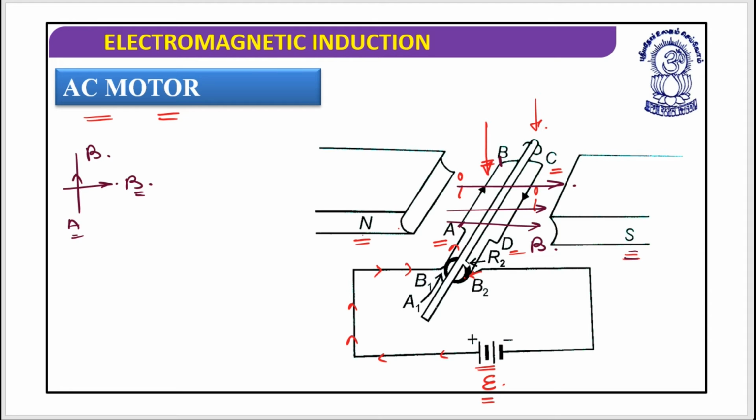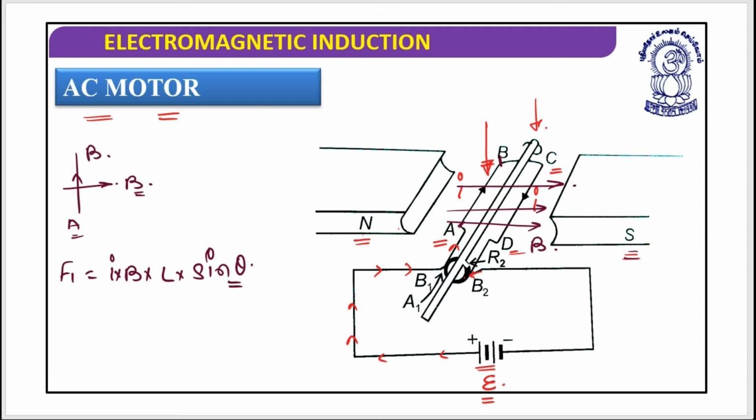So if a wire carrying a current is placed in a uniform magnetic field, a force must be acting on it. Let's call it F1, and F1 could be written as I B L sine theta. I hope this is clear.